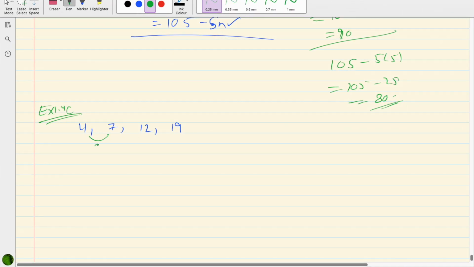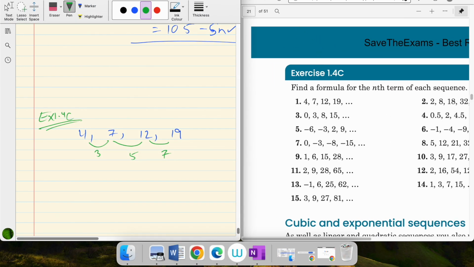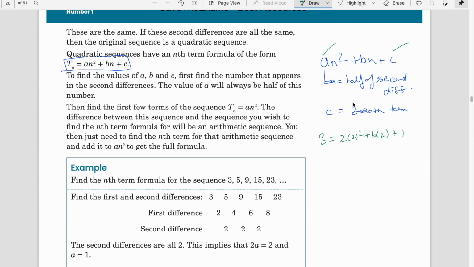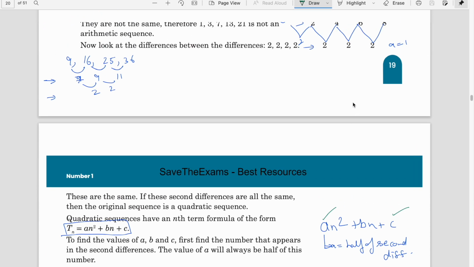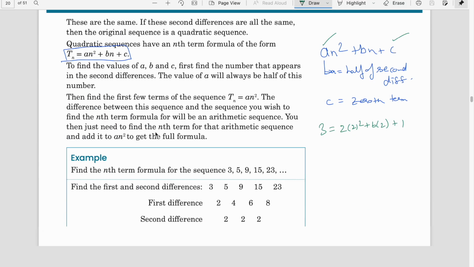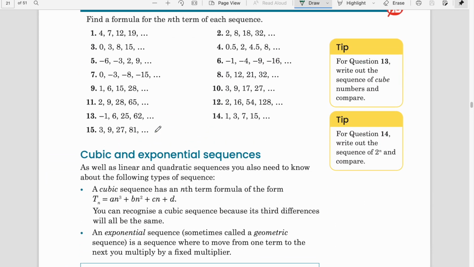Now the first difference is 3, then 5, and then 7. And let me quickly correct something. Where did I tell you that A was half of second difference, and I made a mistake? No, correct. A is 1, half of second difference, A is 1. Everything is okay. I thought I had just copied it.